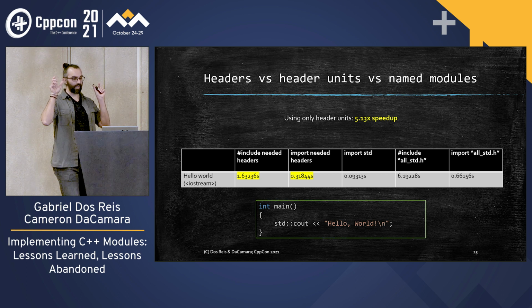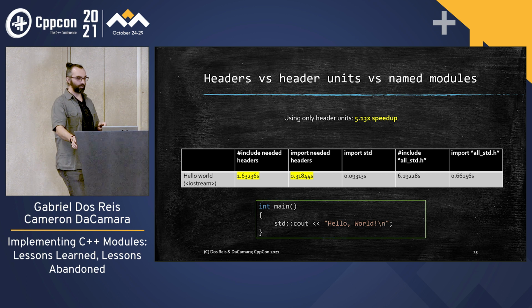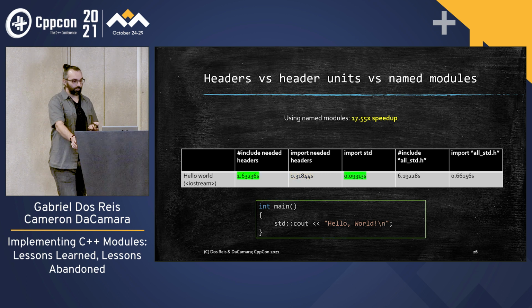They should ideally have the same exact contents. When you switch to header units, you get a 5x speedup, 5.13x. That's already pretty good. But when you compare the hash include, and when we say needed headers here, we're just talking about hash include iostream, because that's really all you need for std::cout, you get a 17.55x performance speedup.